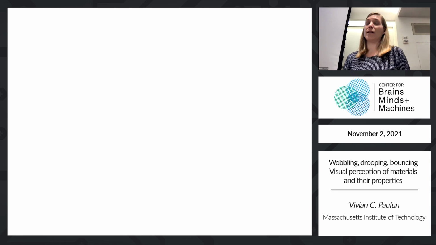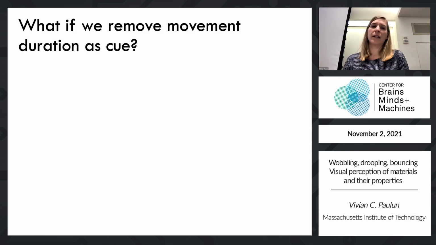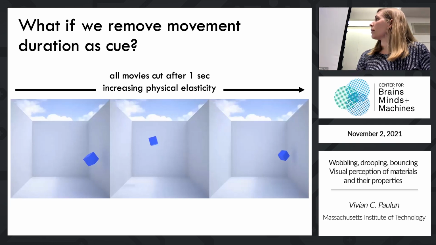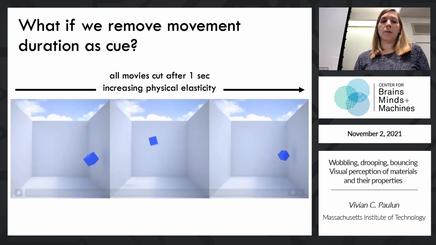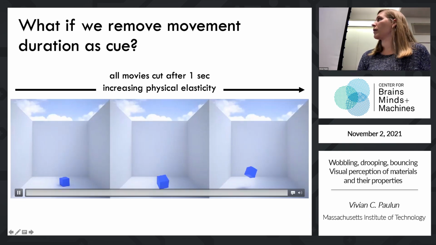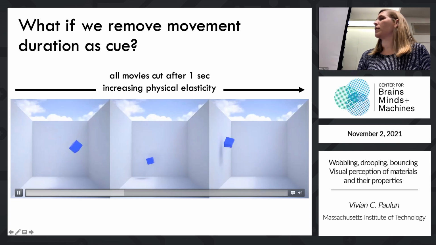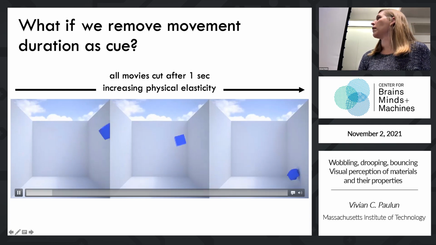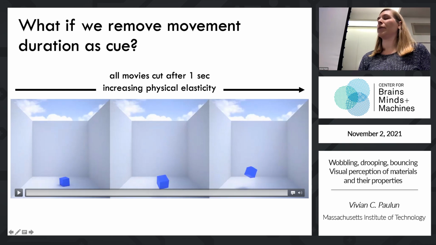This is what we tested in the next experiment. And this is how our stimuli looked. We took the same stimuli as in the first experiment, but we only showed the first second, like you can see here, and then asked participants again to rate the elasticity. And you can judge for yourself whether you are still able to see the differences in elasticity.